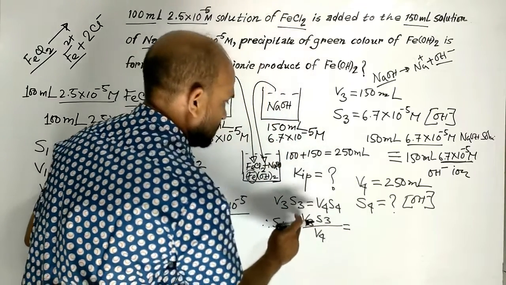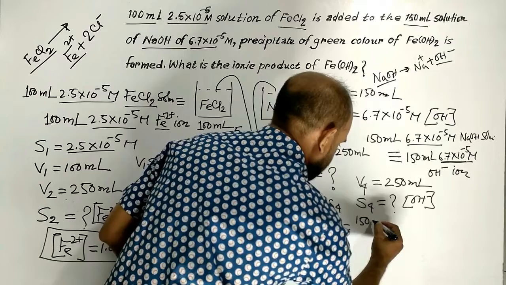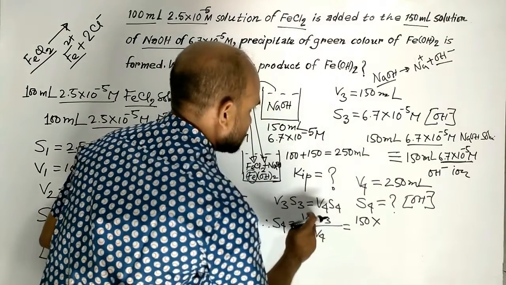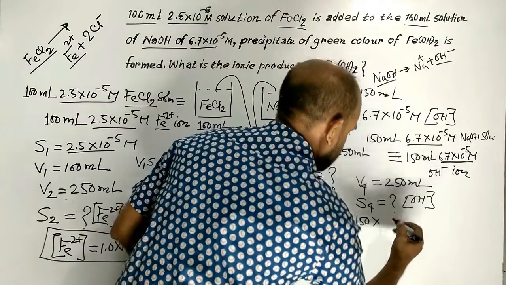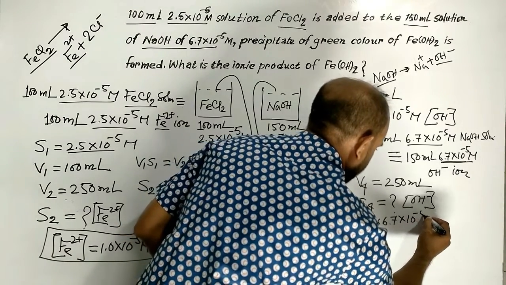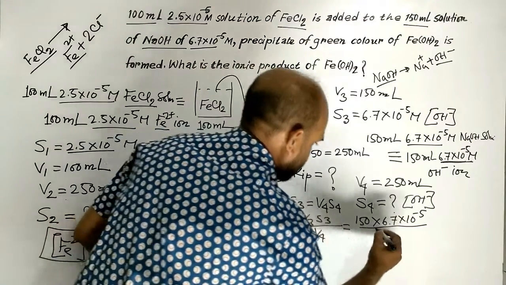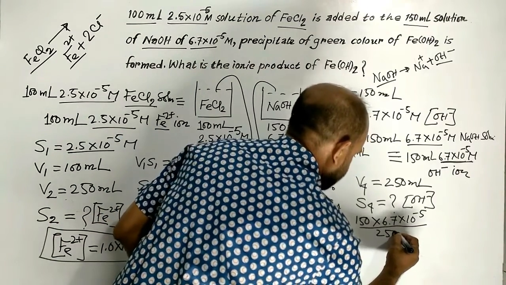This is 150 times S3, that is 6.7 times 10 to the power minus 5, divided by total volume 250 milliliter.